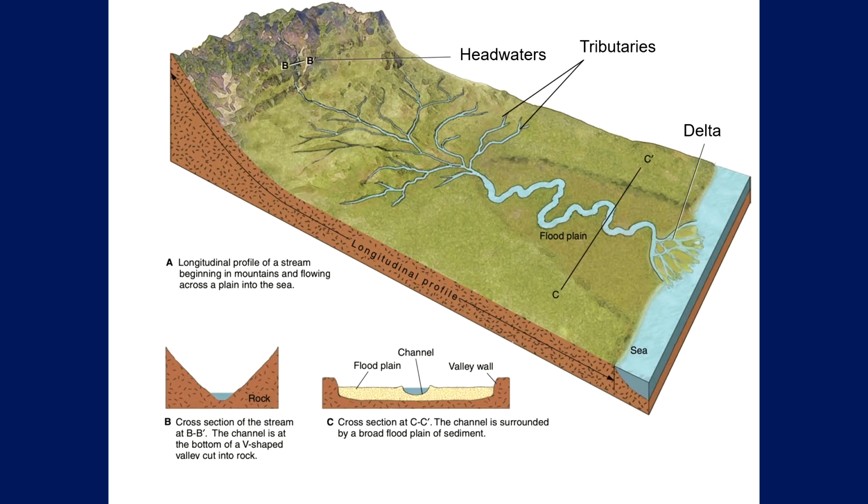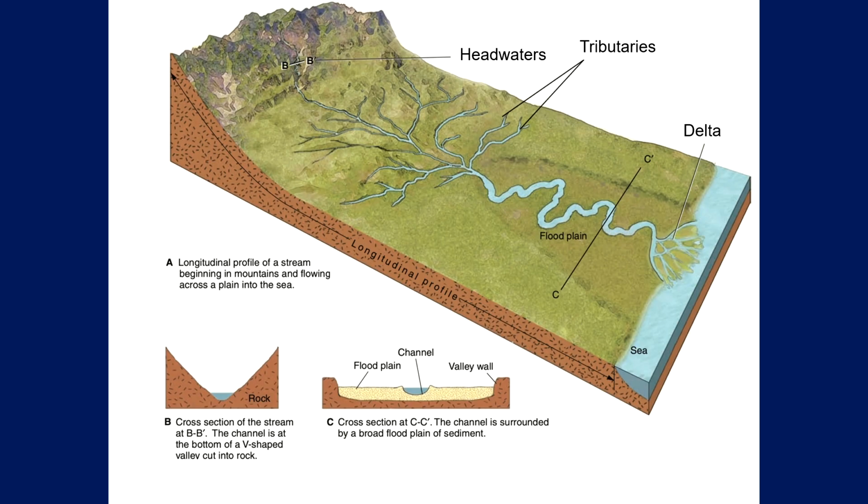Whereas in the floodplain area, the channel will be wider, and adjacently we will see the formation of the floodplains, the flat areas. Okay, and then if there are multiple floodplains, we call them terraces. We will come to that part also.